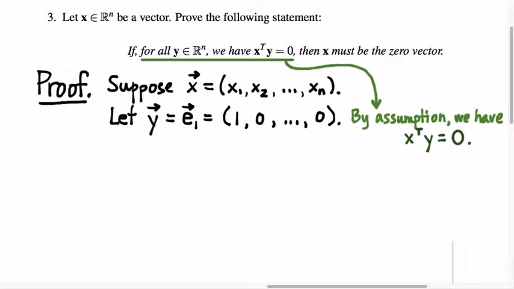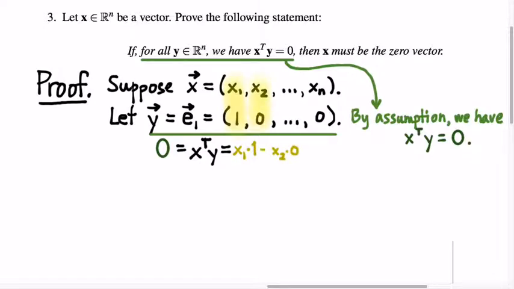But x transpose times this y, if we do it out, is x1 times 1 plus x2 times 0 plus and so on up to xn times 0, which is just going to give me x1. And therefore, x1, the first component of our arbitrary vector x, must be equal to 0.